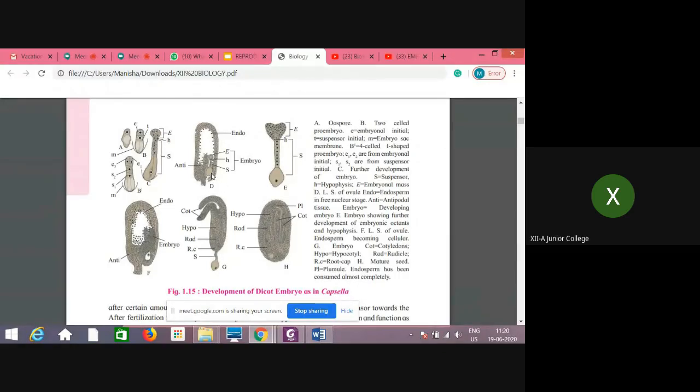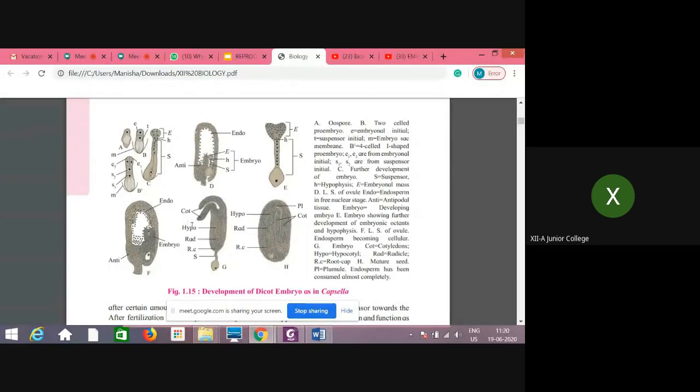If you see this structure in the further development of the embryo, the embryo is getting enlarged, so occupying the space of what? Endosperm. Okay.